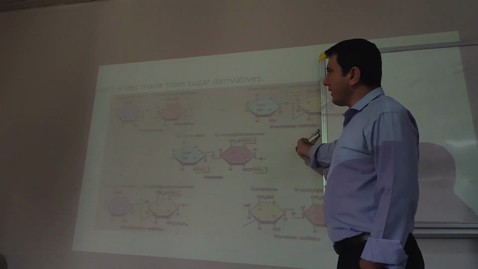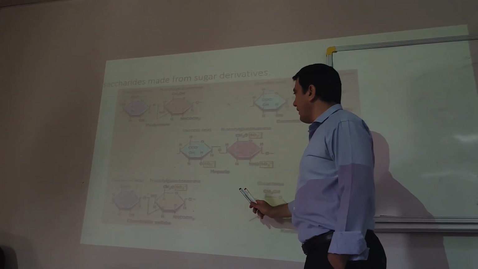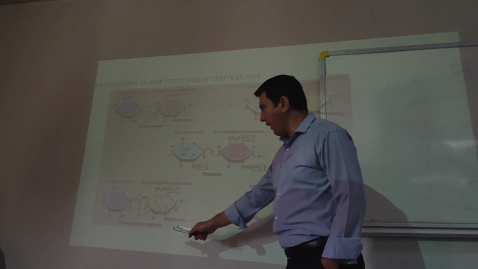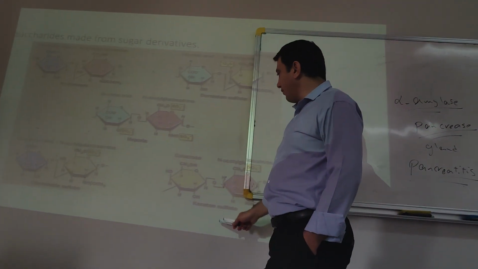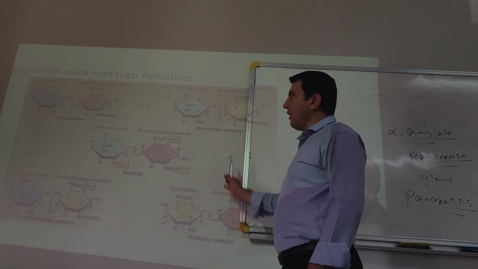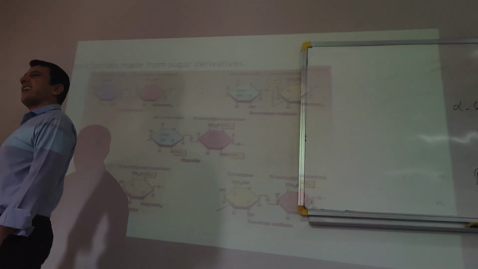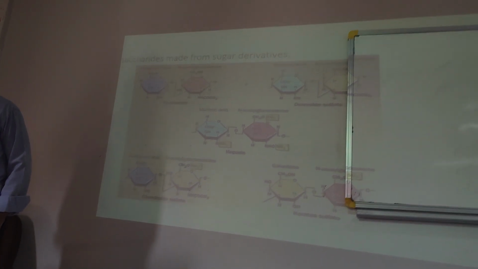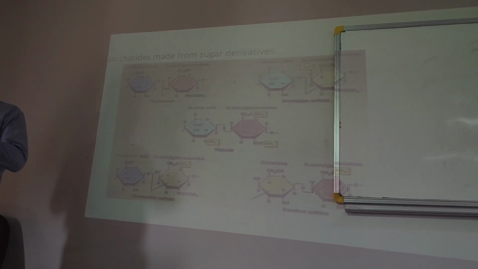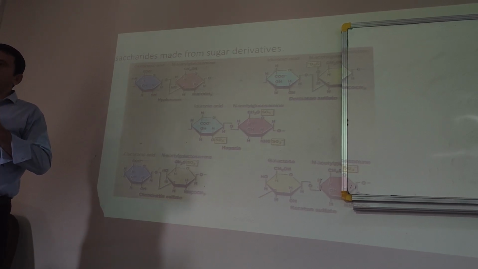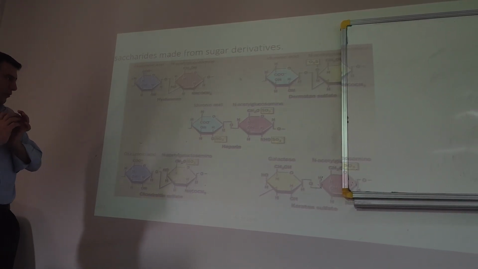For example, dermatan sulfate, hyaluronan, heparin, chondroitin sulfate, and keratan sulfate. These types of sugars are derivative sugars, which have an extra functional group.